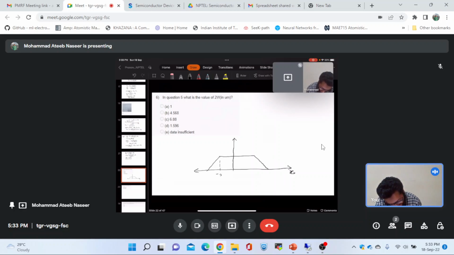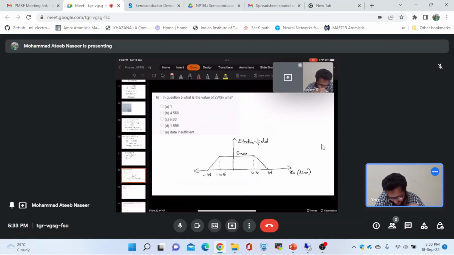This was minus 0.5 and this was plus 0.5. This is W, this is minus W, and this is the maximum value of the electric field. These are in micrometers. So the area under this electric field will be the built-in voltage.